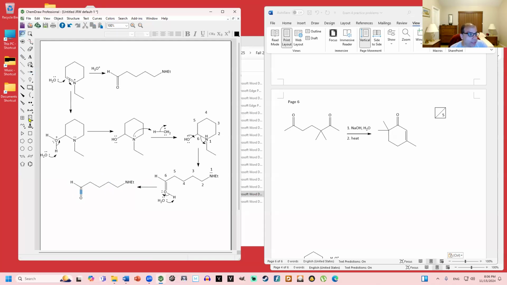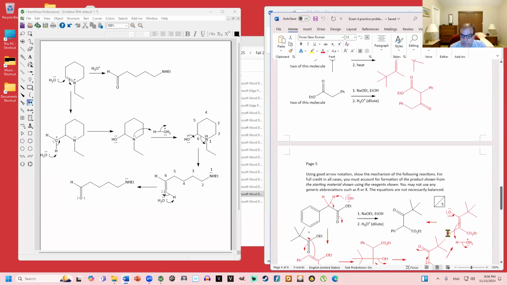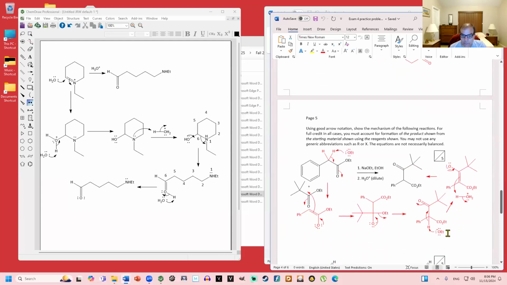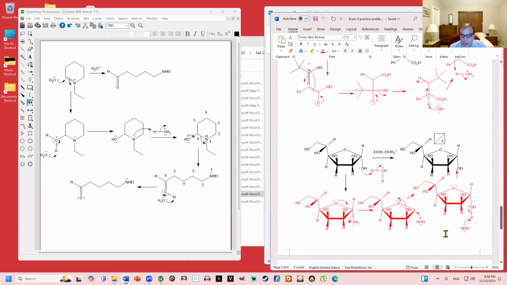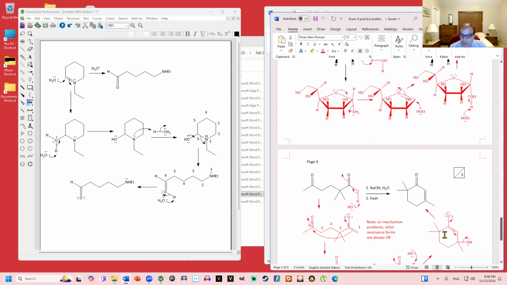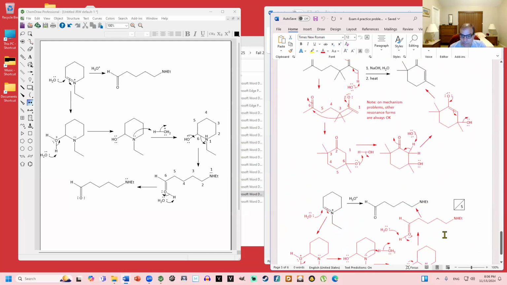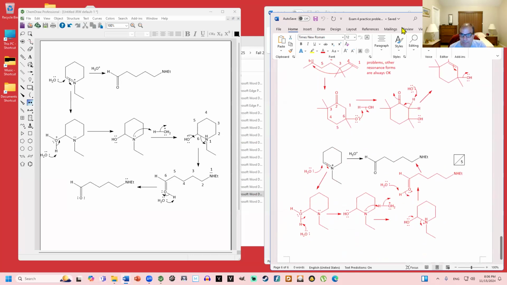So with that, we're done. That oxygen now has both its lone pairs back. And the nitrogen, of course, also has its lone pair. So that's hydrolysis of an iminium species. We talked about that in chapter 23. And all this looks to be just like what I showed you.